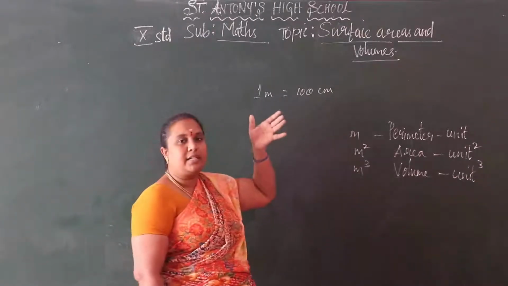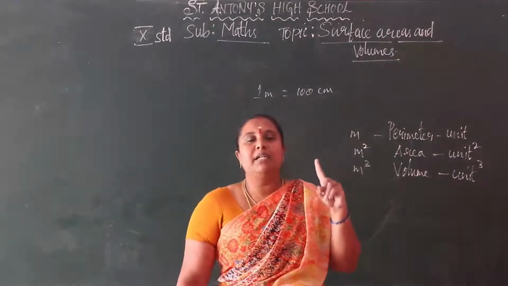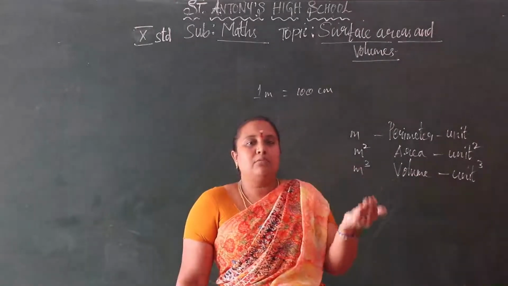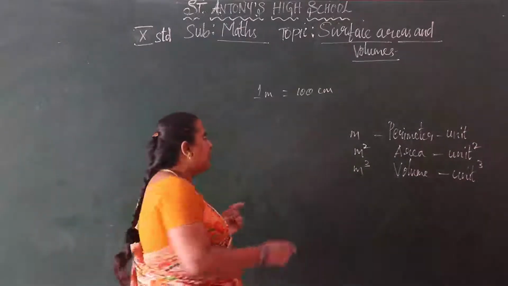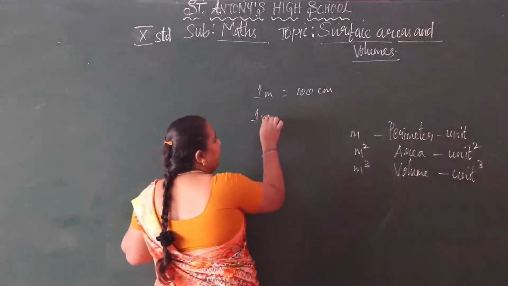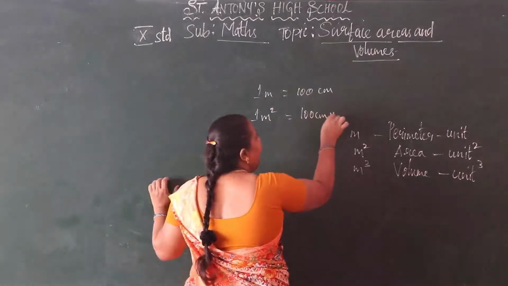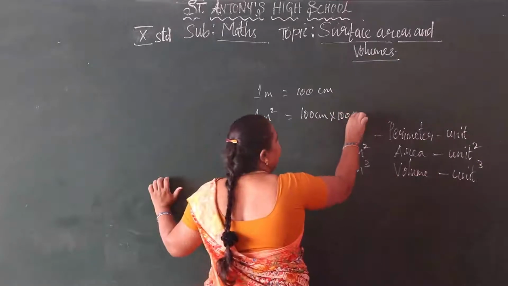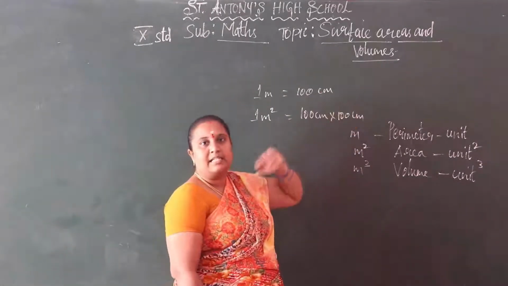If we have 1 meter square of land, we have to convert that into centimeters. How to convert? 1 meter square equals 100 centimeter into 100 centimeter. If we have 1 meter, we have 100 centimeter.